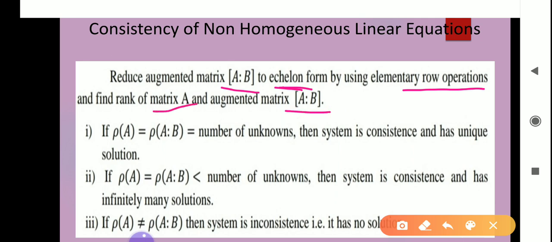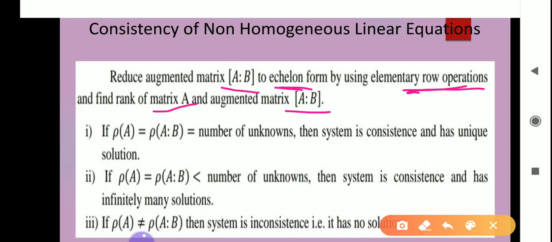Means what do we have to do? When we write the AB matrix, reduce that matrix to echelon form using only row operations, and after getting the echelon form count the number of non-zero rows in matrix A and matrix AB. Means simply find the rank of matrix A and rank of matrix AB.